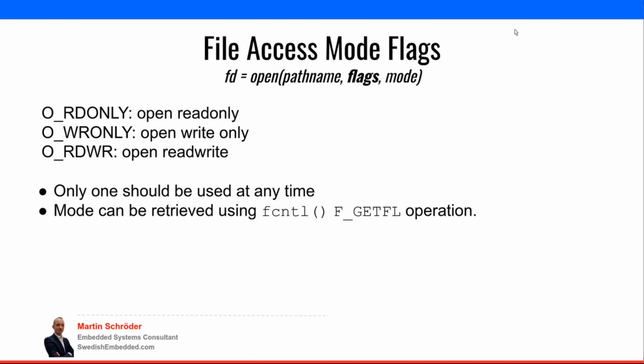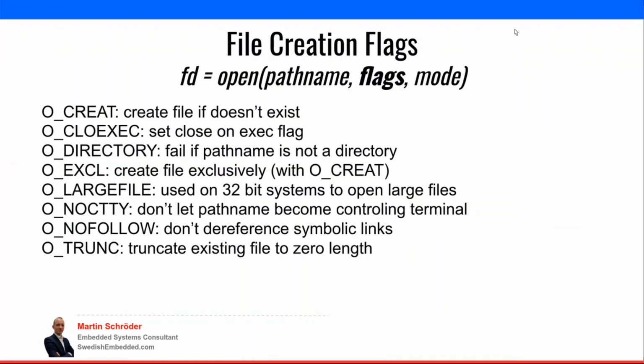Only one of these should ever be used at the same time. We cannot, for example, specify read-write and read-only. It doesn't really make any sense. Because we are bitwise ORing them, it will basically result in read-write. But just to avoid any ambiguity, you use only one of these at any given time.